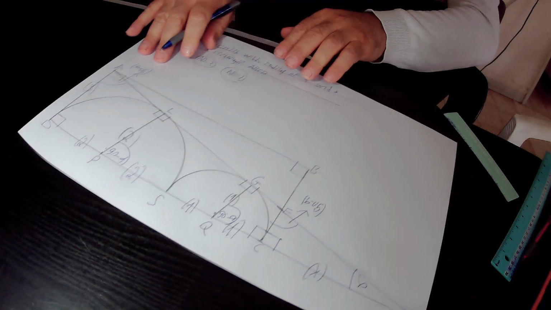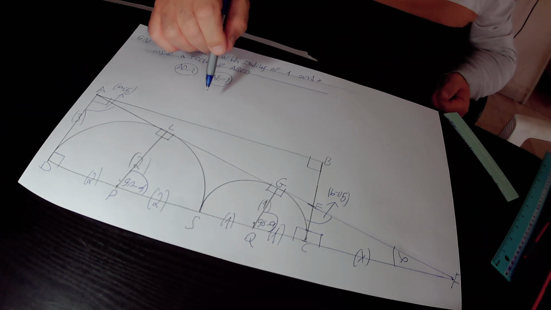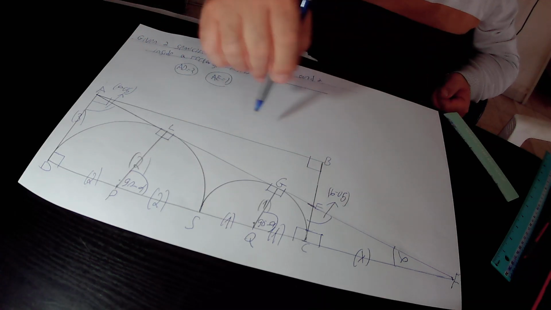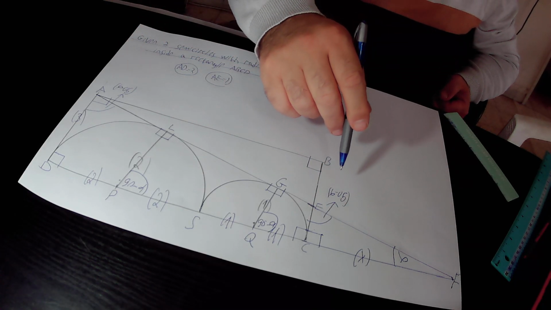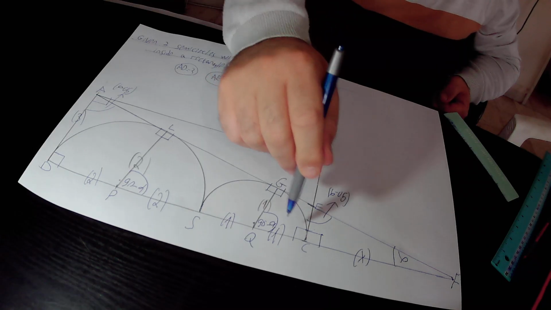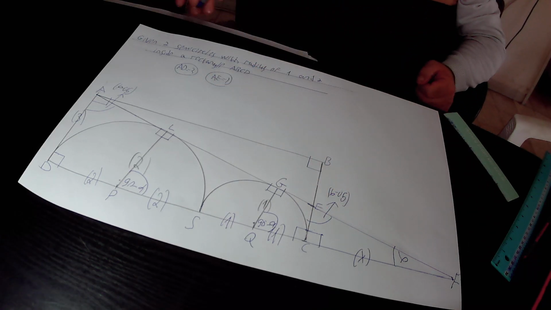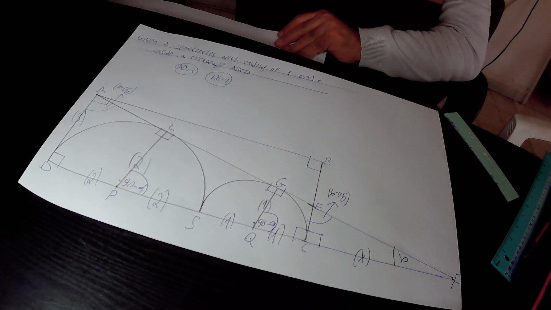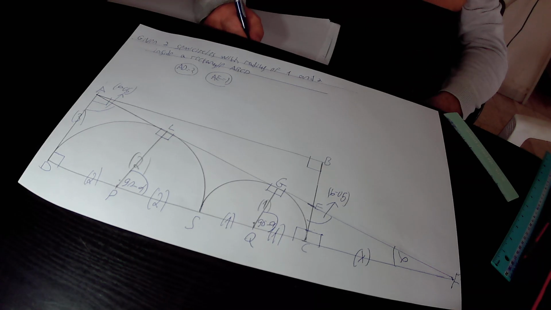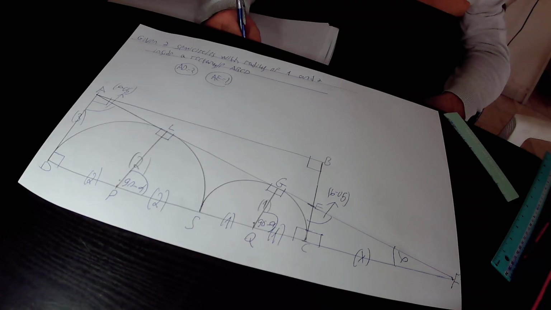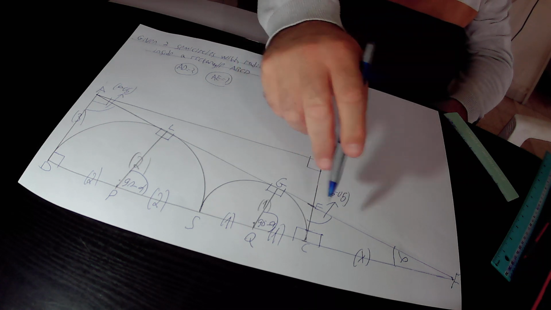In the next step, we prove that this big right triangle LPF is similar to this small right triangle GQF. So I write it down. We prove that the big right triangle LPF is similar to this small right triangle GQF.